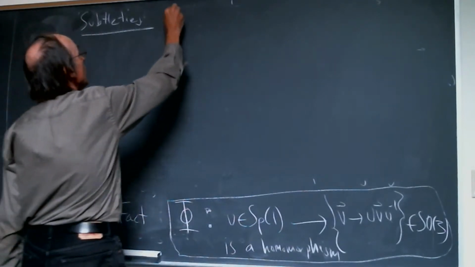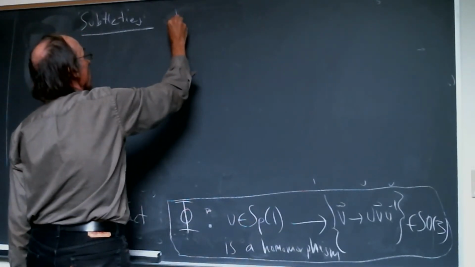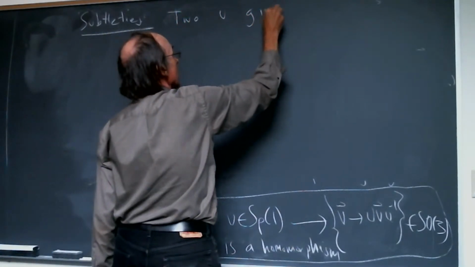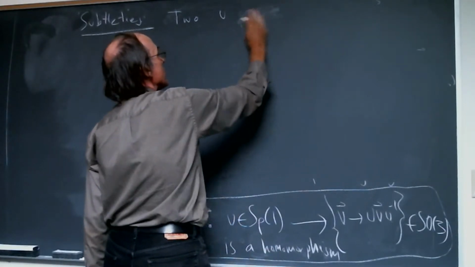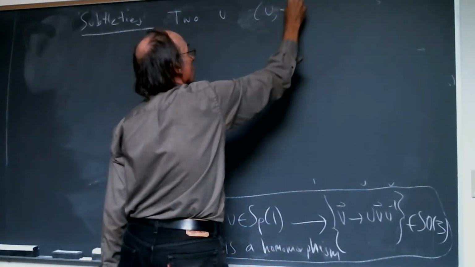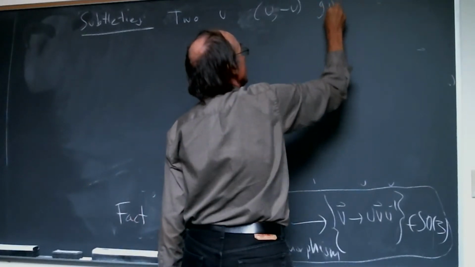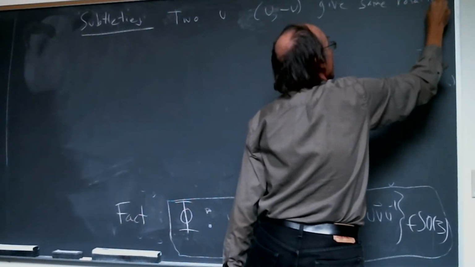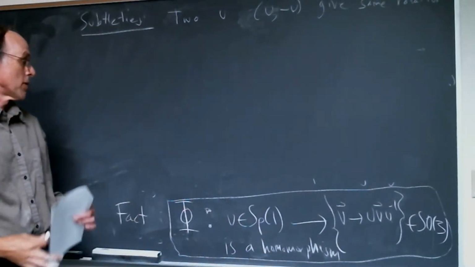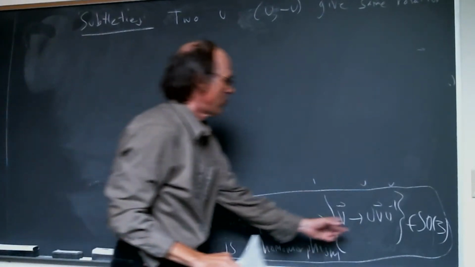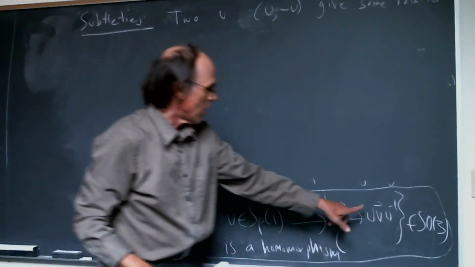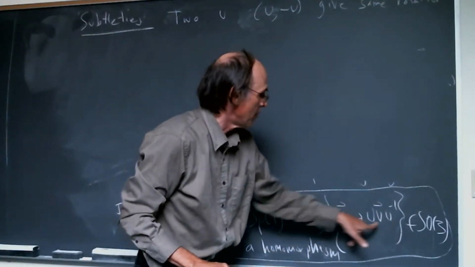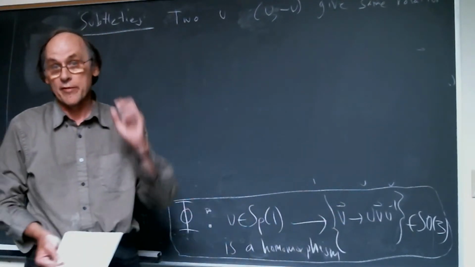Two U give the same rotation, and it's actually going to be U and minus U. If you think of producing rotations by conjugating by a U, the problem is that if you put minus U here, the minus signs would cancel, and so it would give you the same rotation.